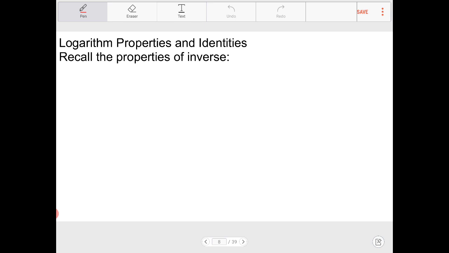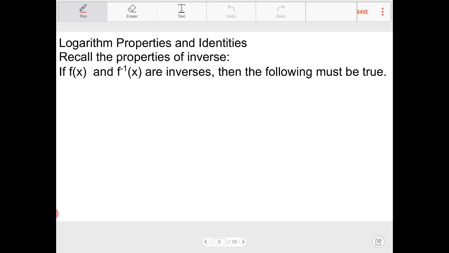All right, so in our pursuit to discover more properties and more laws associated with logarithms, let's just recall some properties involving inverses. So if f of x and f inverse of x are both inverses of one another, then the following must be true.